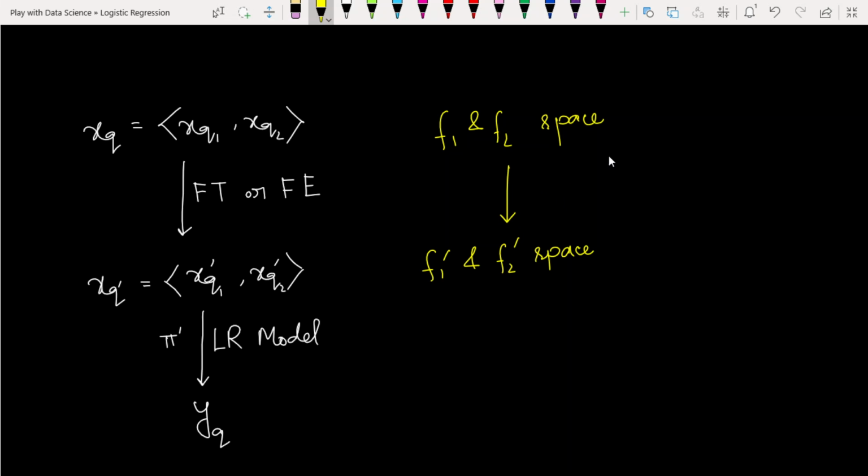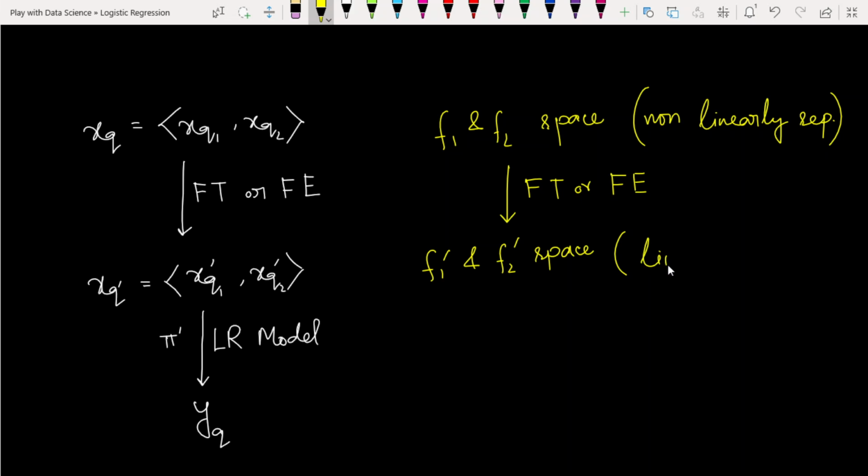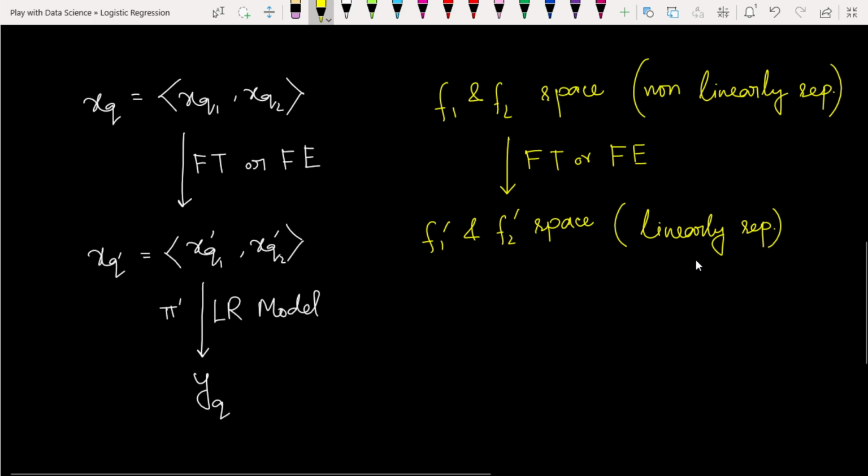Here it is non-linearly separable. Here we are using feature transformations, or feature engineering. In this space it is linearly separable, so now we can easily use logistic regression.